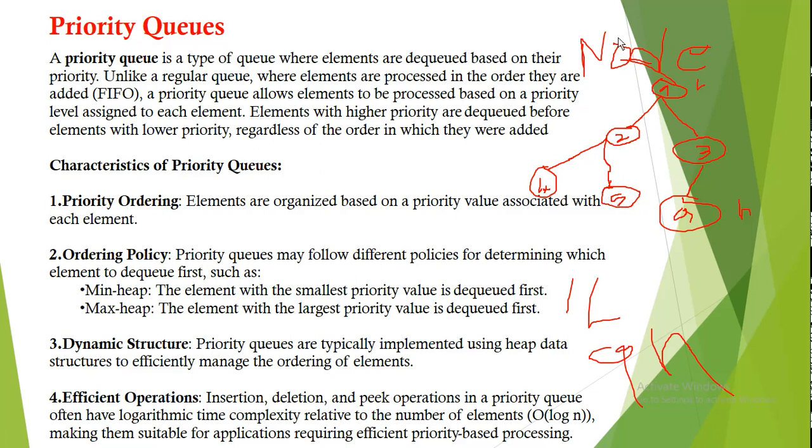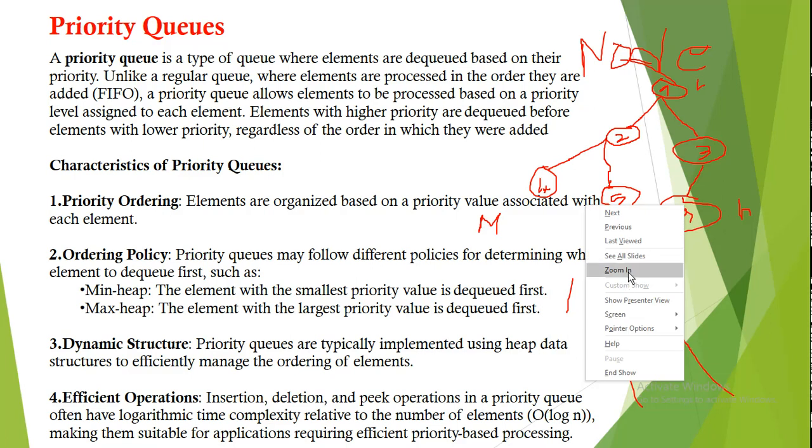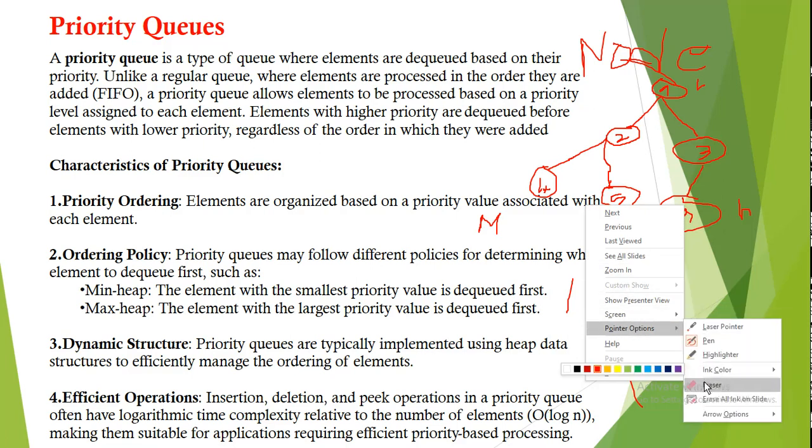This is how the minimum heap works, from minimum to maximum. Similarly, we also have the maximum one.